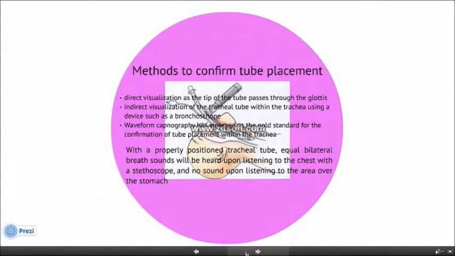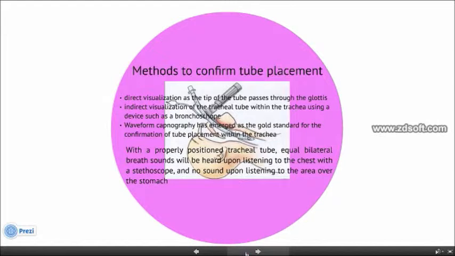Methods to confirm tube placement. Direct visualization as the tip of the tube passes through the glottis. Indirect visualization of the tracheal tube within the trachea using a device such as a bronchoscope.